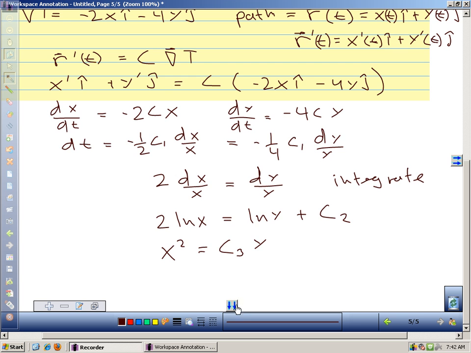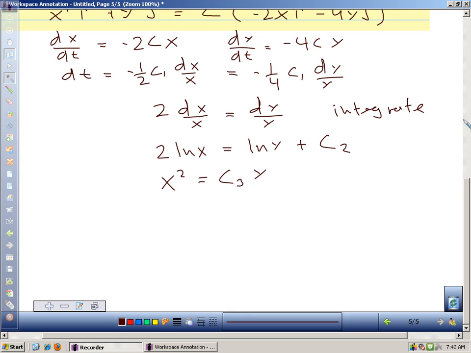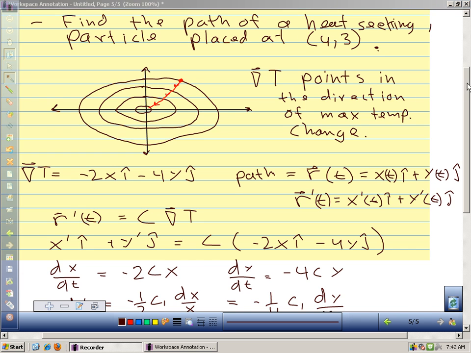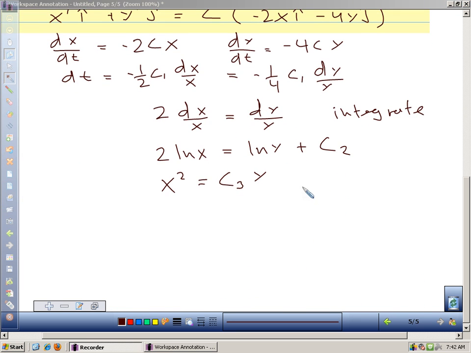Okay? And we know from our initial condition that our particle starts at (4,3). So plugging in (4,3) here, I get 16 equals c3 times 3.